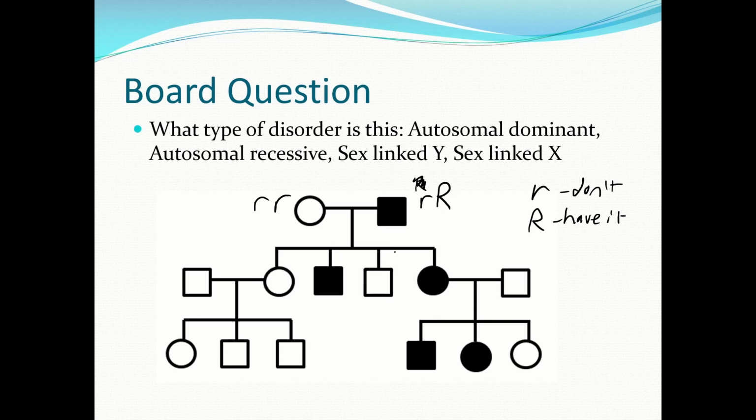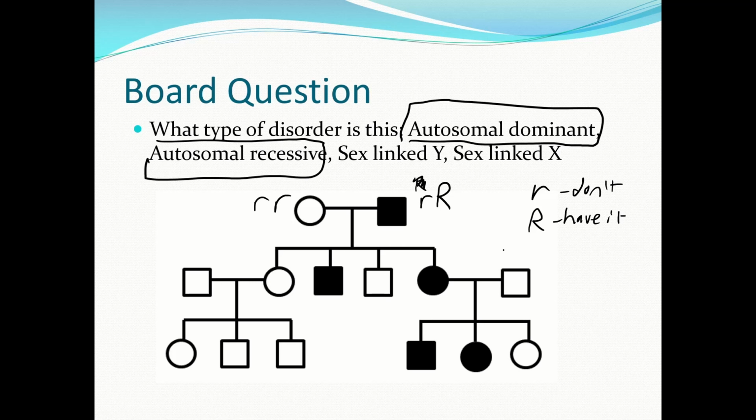Okay, so again, it's going to be the same 50-50 shot. So with this one, you can't really tell. It could be dominant. It could be recessive. There's not that much of a way to tell. So it could be either one with this one.